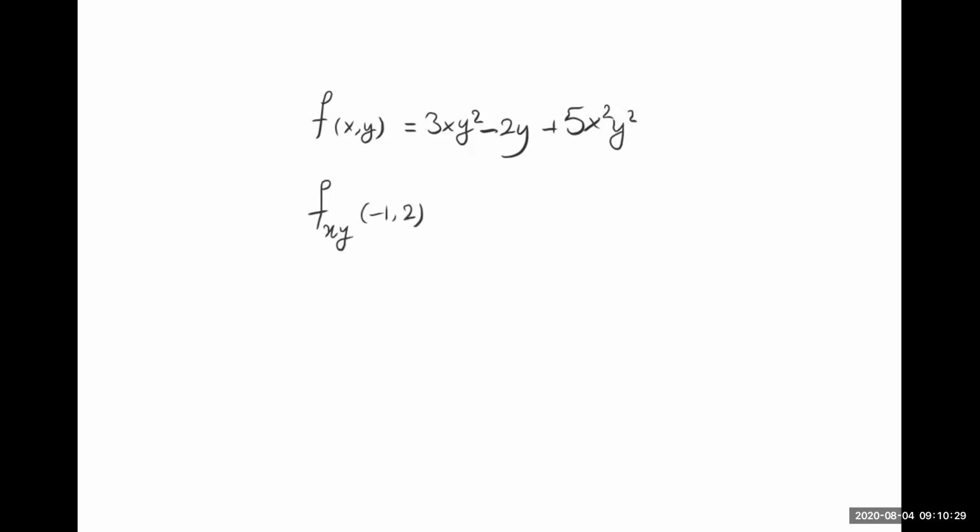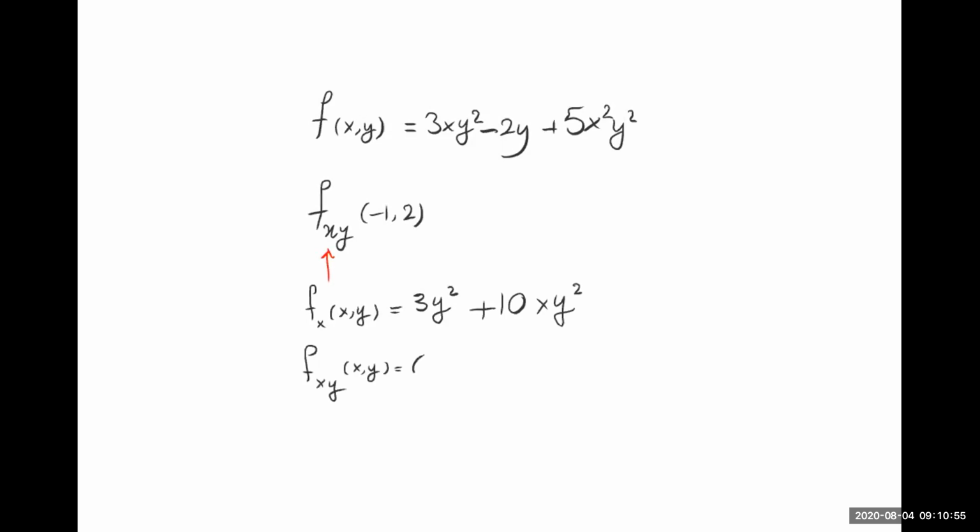This means we should take the first derivative with respect to x. If we take the derivative with respect to x of this function, we would get 3y squared, minus 2y is going to be 0, and then plus 10 x y squared. And then we take the derivative with respect to y.